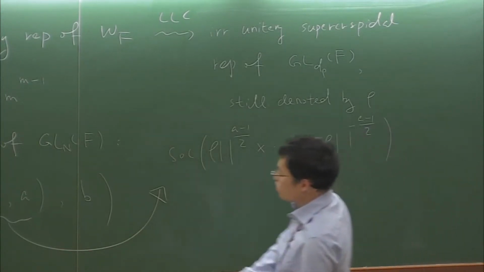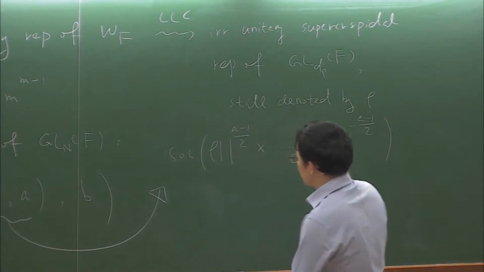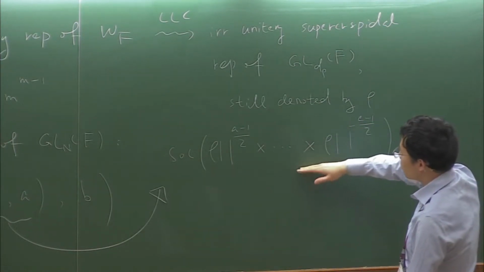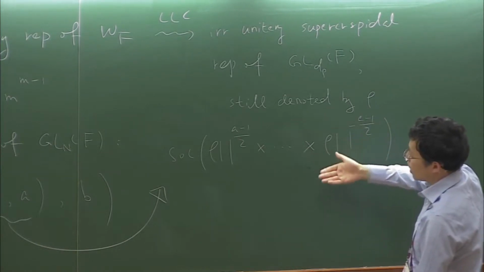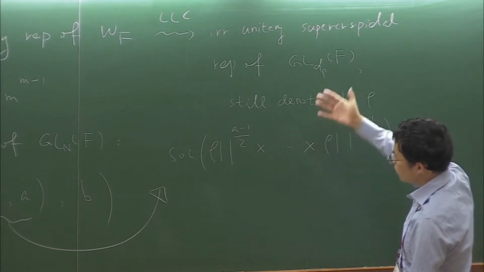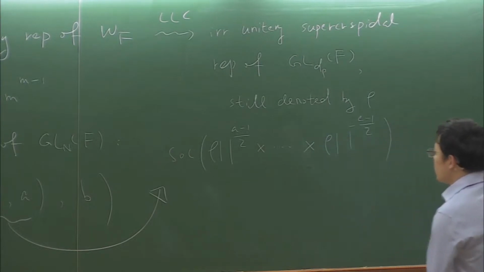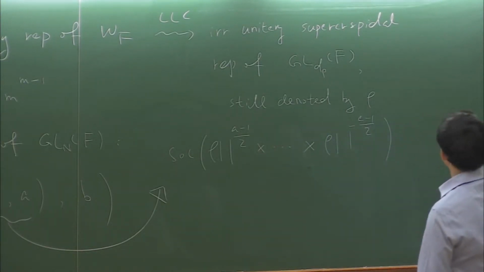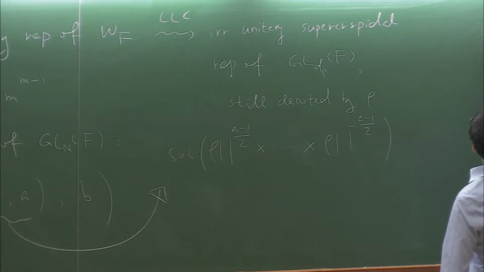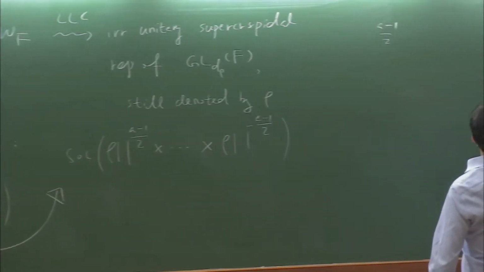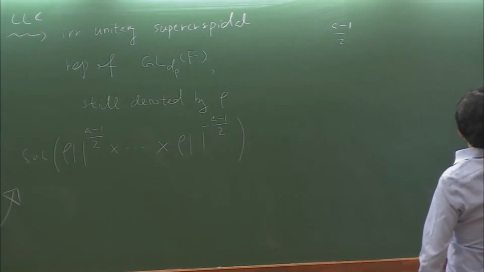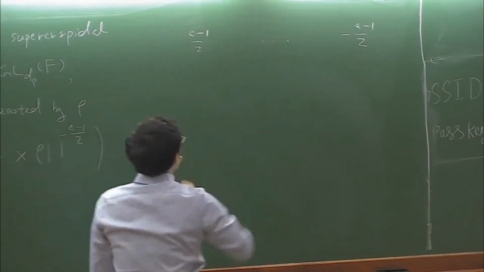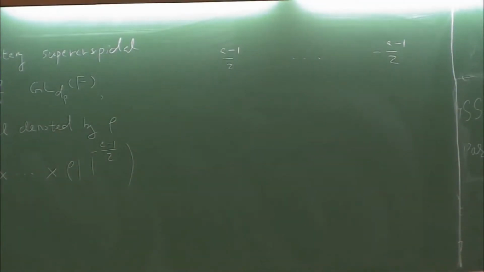And to form the Speh representation, what you do is you replace rho by this Steinberg representation, and again you twist by unramified characters, and then you do a parabolic induction. Here I just want to keep track of all these twists, so these exponents. For the Steinberg representations, the exponents go from (a-1)/2 to -(a-1)/2.